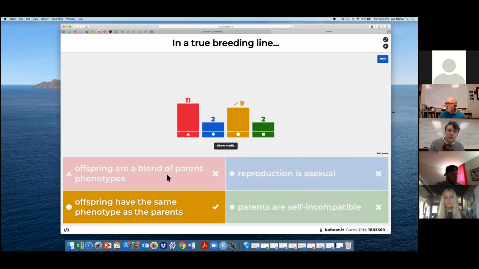Like white bunnies and black bunnies would make gray furry bunnies, for example, a paint blending model. But when Mendel selected those peas, he picked them because they were capable of selfing. You take pollen from a flower, put it on the same flower's stigma, and get offspring, and they would look the same every generation after selfing. Okay, let's do the next one.